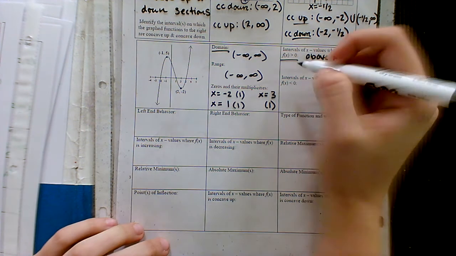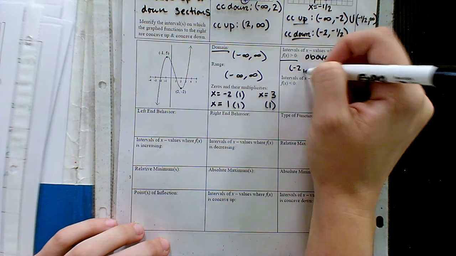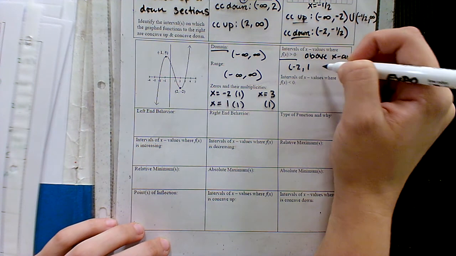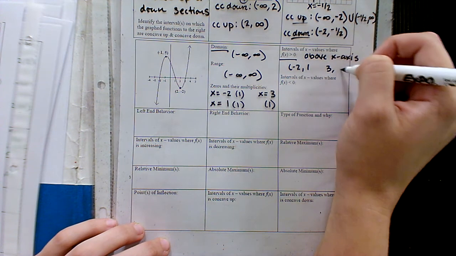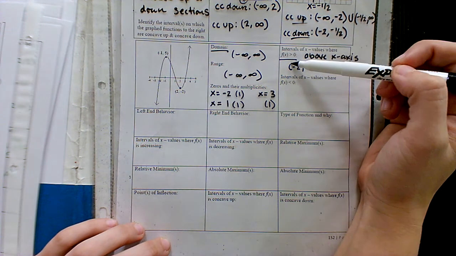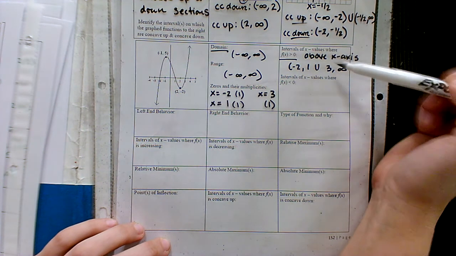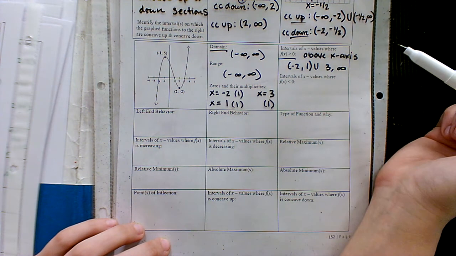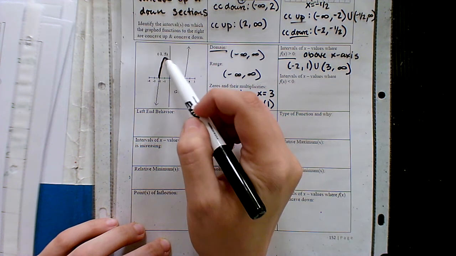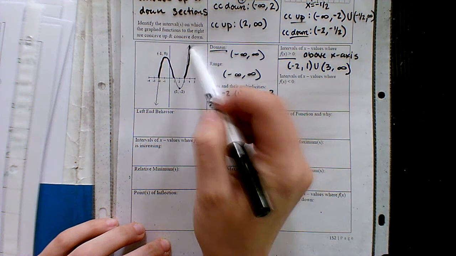Do you want to keep going, Lainey? Go ahead. -2 and in parentheses. Okay. 1, and then 3 to infinity. So you said parentheses for -2, and in parentheses for 1, in parentheses for 3, and infinity. Good. Okay, so we're above the x-axis in these sections.